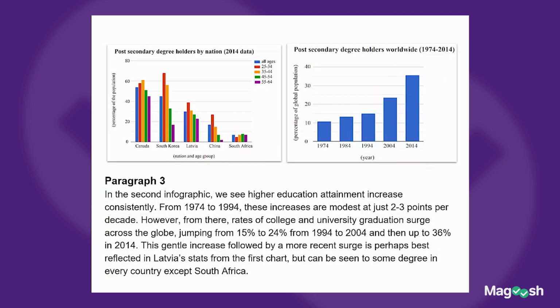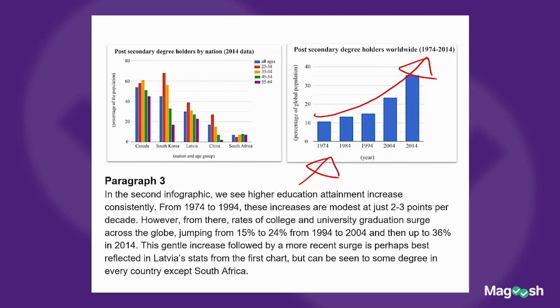Reading on in paragraph 3, in the second infographic, okay, so infographic, another way of saying visual, you can use that in your reports. We see higher education attainment increase consistently. Now we're pulling out this trend we talked about earlier as one of the key ones from the second graph. From 1974 to 94, these increases are modest at just 2 to 3 points per decade.